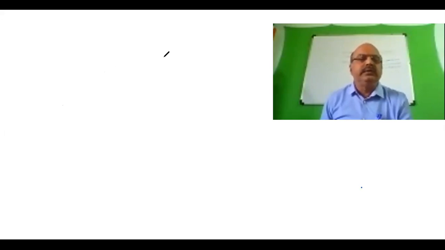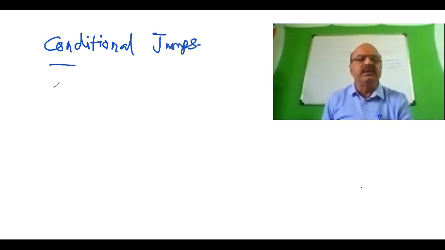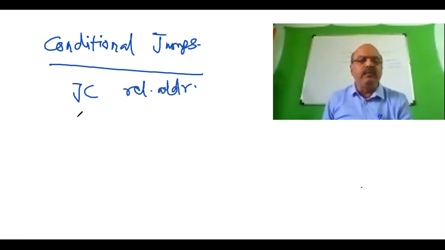Then we come to the conditional jump instructions. I have already discussed some of them, like jump on carry to the relative address, jump on no carry to the relative address, jump on zero to the relative address.